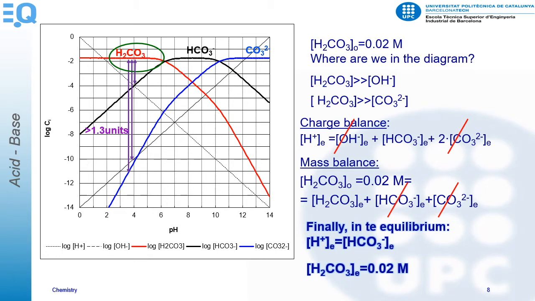The aim of simplifying the equilibriums as much as possible is to avoid making mistakes when calculating the concentrations with a second-order equation if we have all the terms, all the species in equilibrium. The use of logarithmic diagrams to identify the predominant species in equilibrium is an easy method to solve this type of exercises successfully.